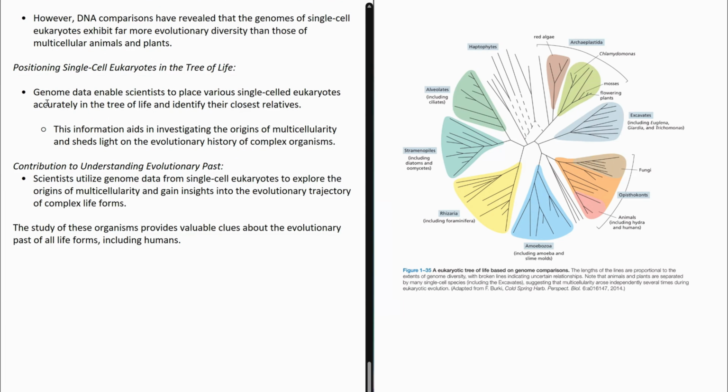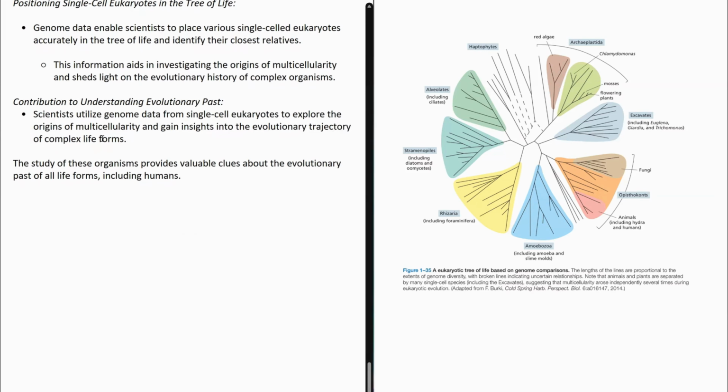Genome data has enabled scientists to place single-celled eukaryotes in the tree of life quite accurately, due to DNA sequencing. This also helps in investigating the origin of multicellularity. We have a theory on how the eukaryotic cell came about, but what about multicellular organisms and how they came about?